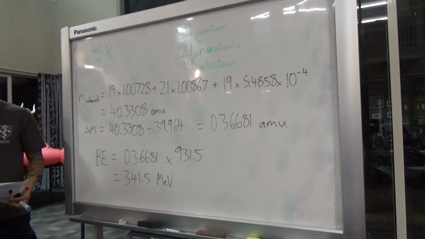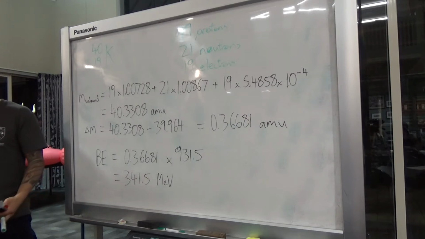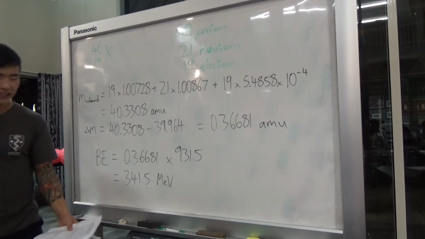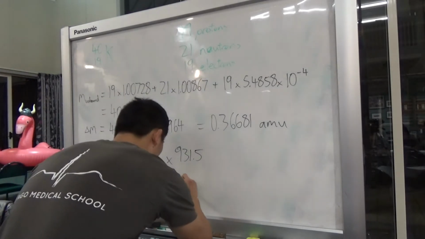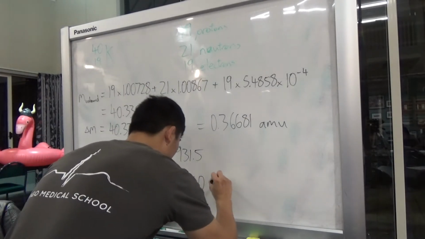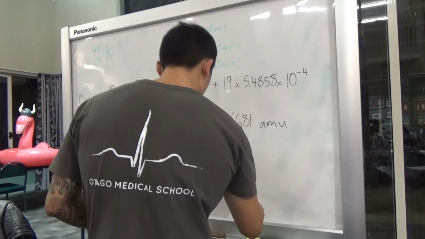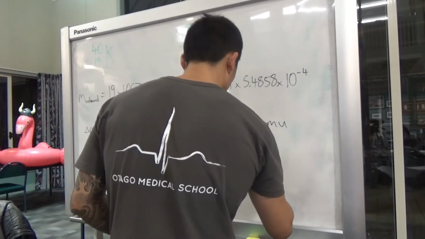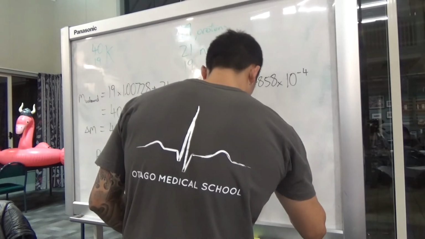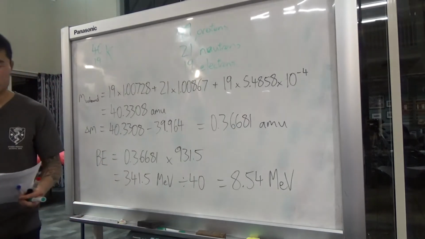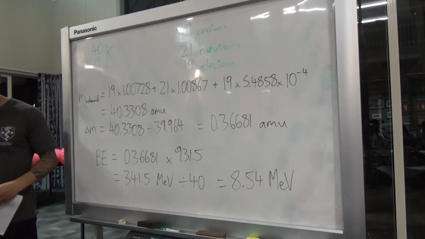We want the binding energy per nucleon. So we have 40 nucleons, so we have to divide that total binding energy by 40, which will equal 8.54 mega electron volts. So that's going to be option D.